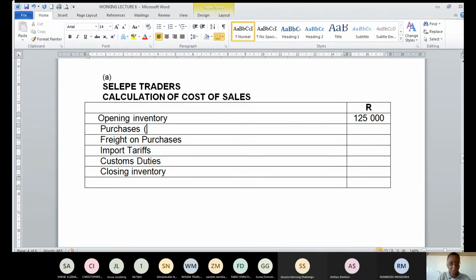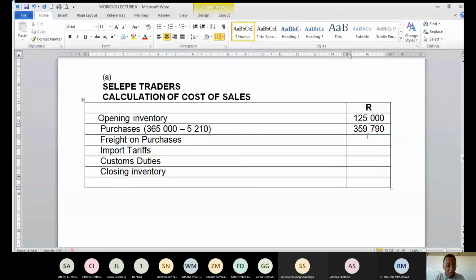Remember now, for the purchases, we are looking for net purchases, and net purchases is equal to your purchases amount of 365,000 minus your purchases returns, but in this question there was no purchases returns, minus your settlement discount received, which is the amount of 5,210 Rand, and that will give you net purchases of 359,790.